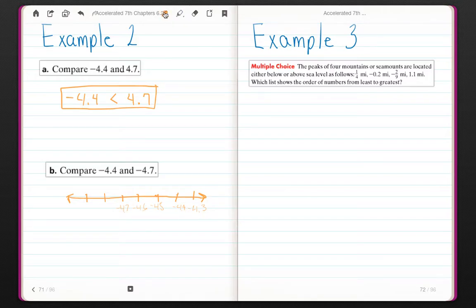Okay, that's close enough. So I have -4.4 right here, and I have -4.7 right here. Well, since these are negatives, -4.4 is actually greater than -4.7 because it is further to the right and closer to 0.